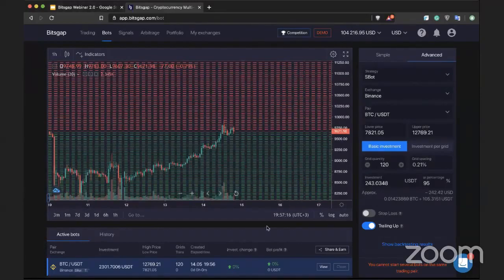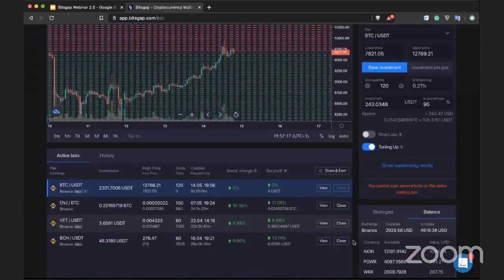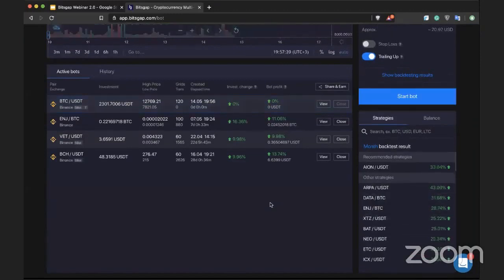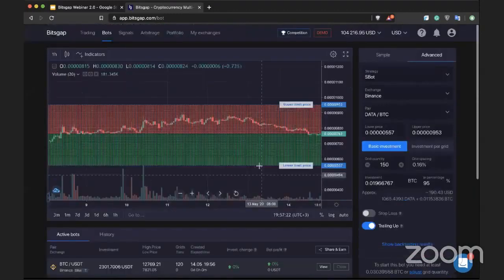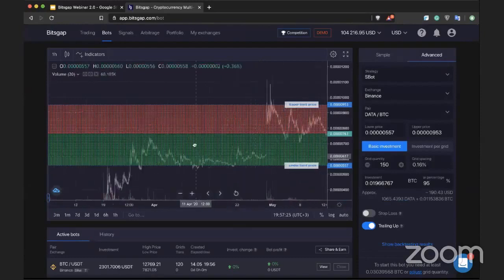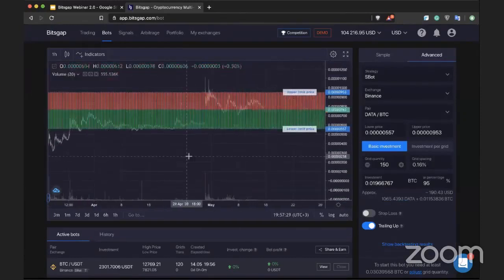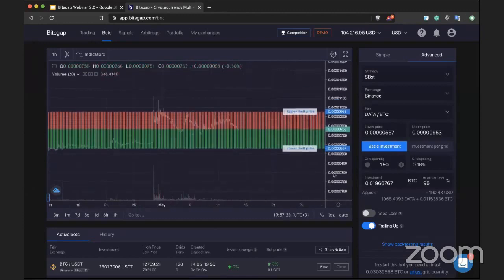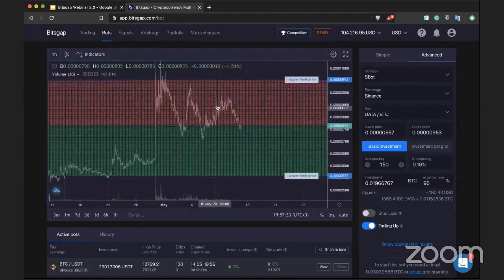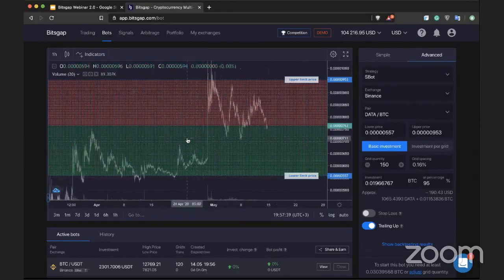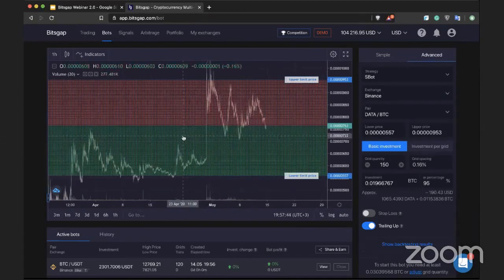Now let's use some other examples, like DATA, for instance, DATA trading to BTC. And I will show you what I would do right now if I was about to enter the trade. So it looks like the market is moving sideways within this trade range, and it looks like it sustains the support level.